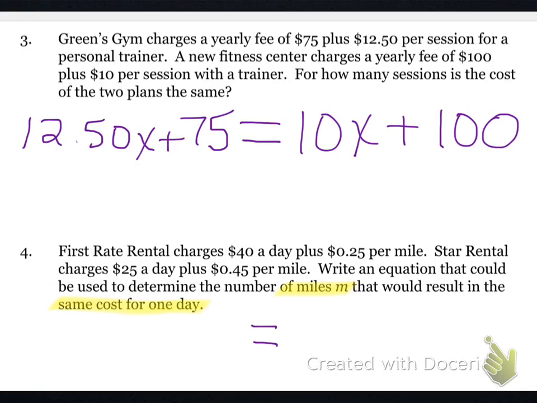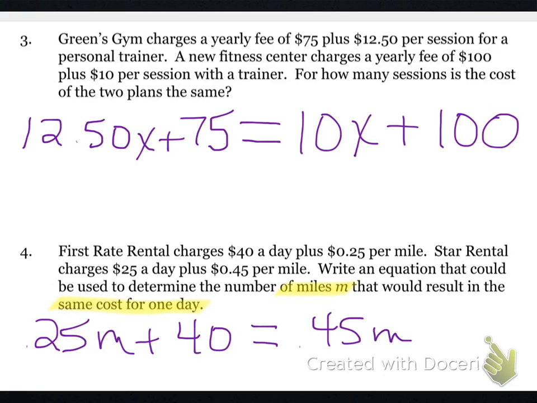I've got 25 cents per mile plus $40 a day. And I want to write an equation that would show me the same cost for the same day for each one of them. So I'm going to put an equal sign there. And star rental, I'm going to put the expression on the right side. 45 cents per mile plus $25 a day.